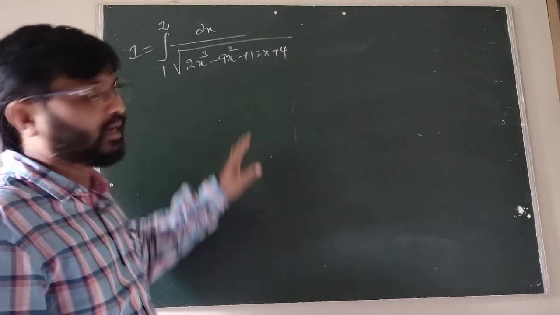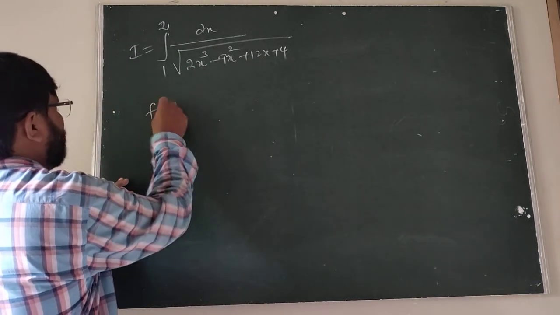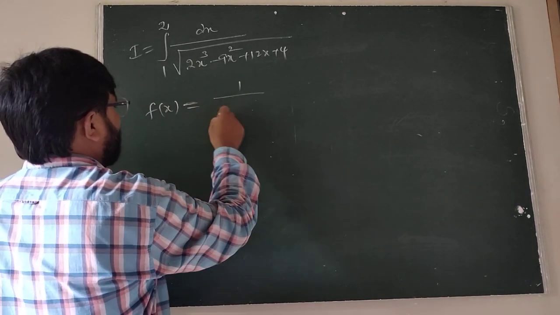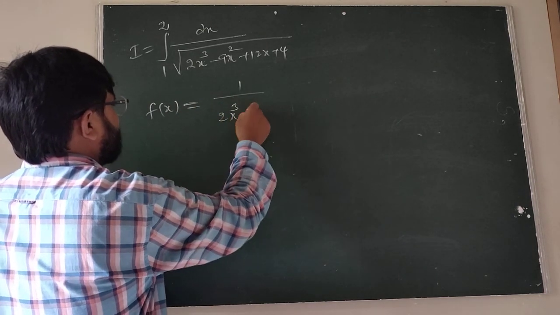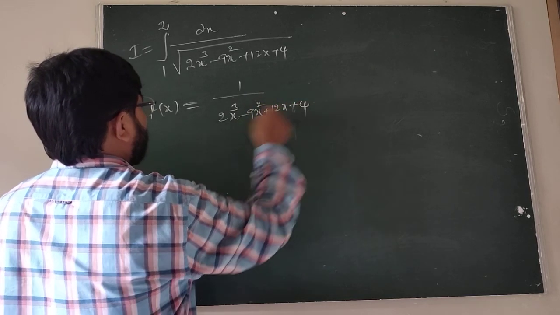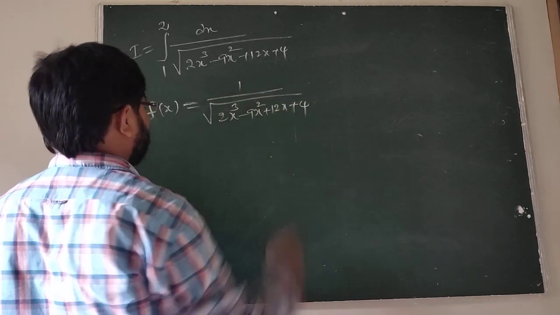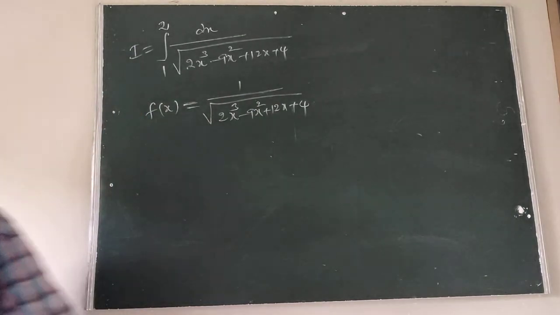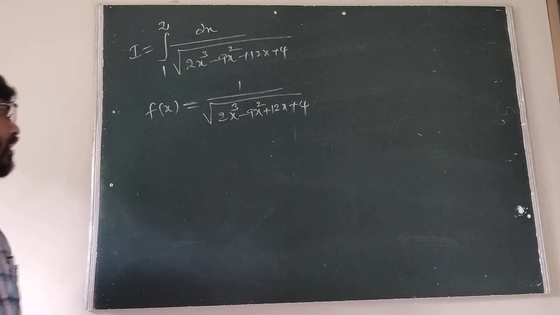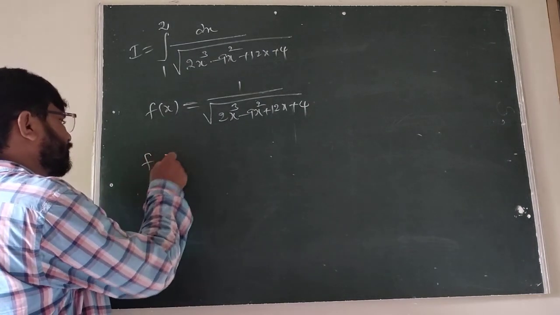Therefore, when the integrand is difficult, first take f of x equal to 1 by root of 2x cube minus 9x square plus 12x plus 4. Now how to write the derivative?